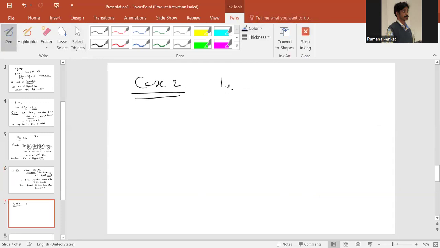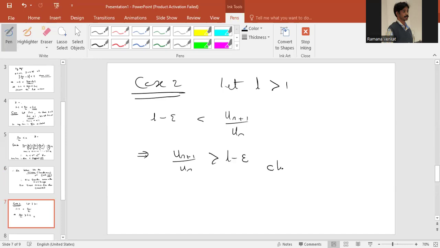Case 2, let L be greater than 1. Now just like in the Cauchy test also, we will look at the other side inequality. We know that L minus epsilon is less than un plus 1 by un, which implies un plus 1 by un is greater than L minus epsilon. So now we know that L is greater than 1. Choose epsilon such that L minus epsilon is still greater than 1.